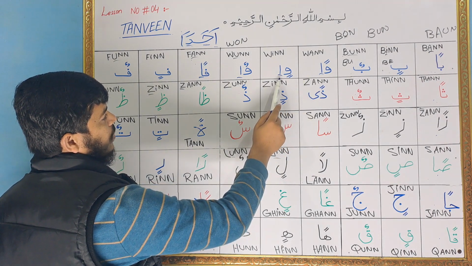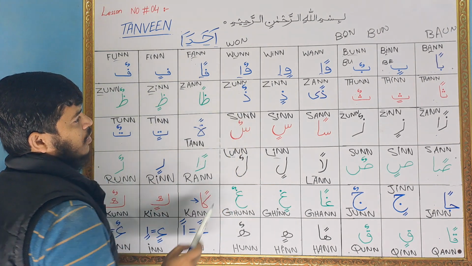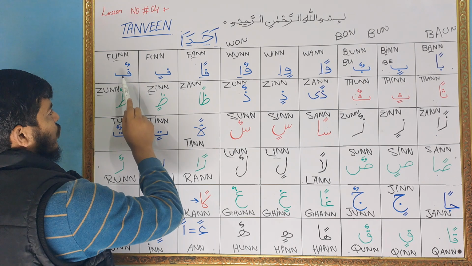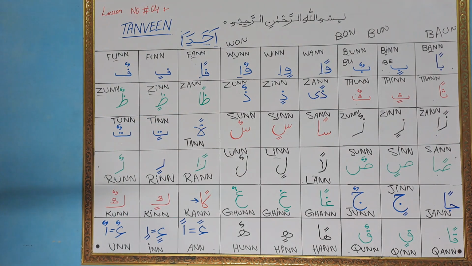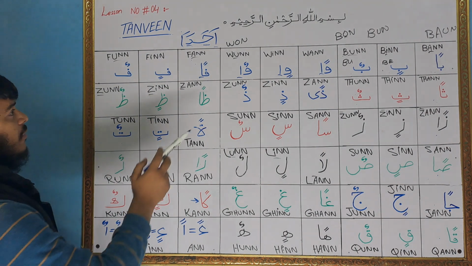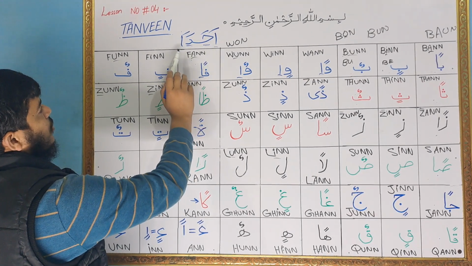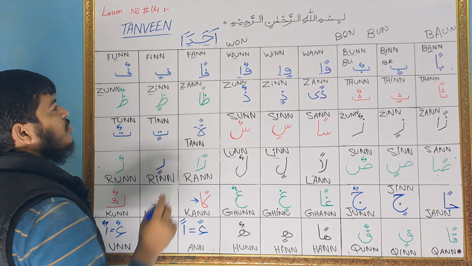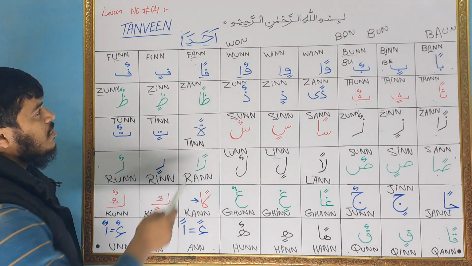Wan, win, wun, fan, fin, fun. So whenever these letters come, we will just read these words. You can do spellings just for your ease.